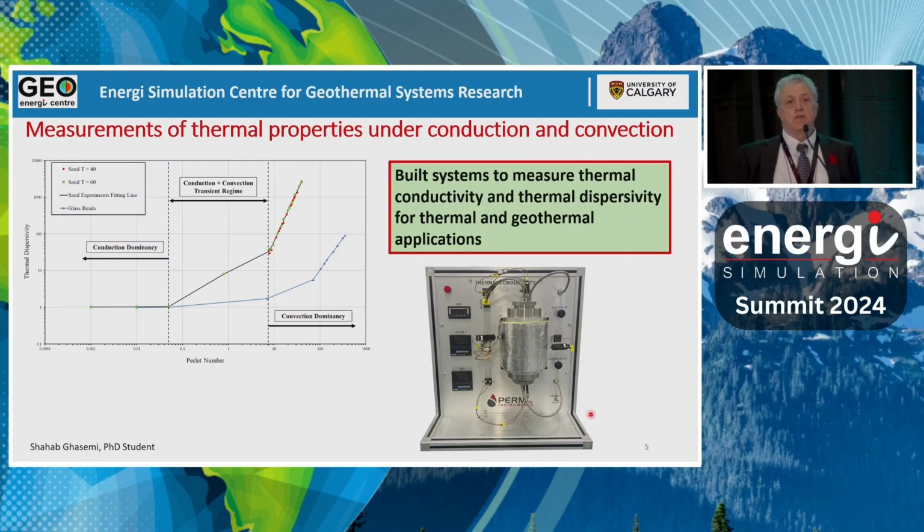So the first thing that we need to measure is the thermal conductivity. And the thermal conductivity as well as thermal dispersivity, the difference between the two, conductivity, no flow, dispersivity with flow. If you go into the literature to find correlations about these things, you won't find that many.